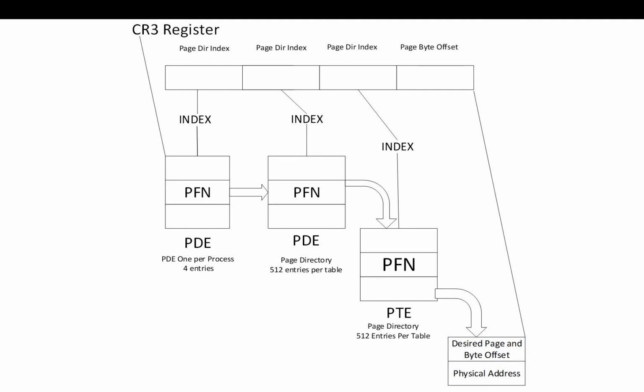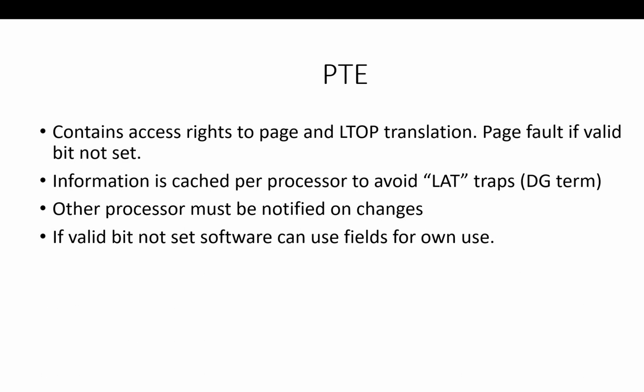It's broken up into pieces, and the very last piece at the end has the page table entry that has the physical page for the final translation, and then the last 12 bits are the offset into the page, the byte offset. More of a description can be found in the Intel manual. And the PTE contains access rights and a logical to physical translation.